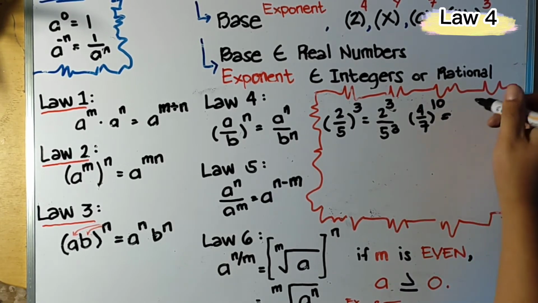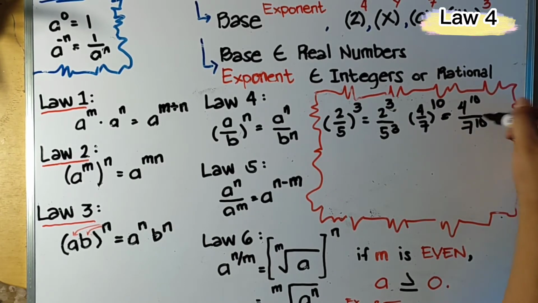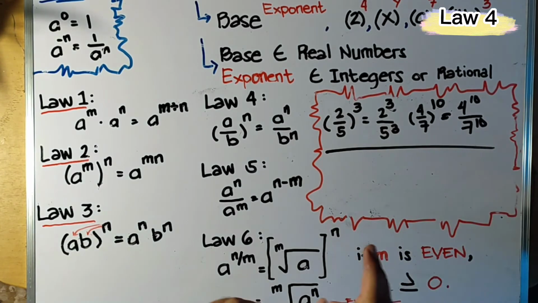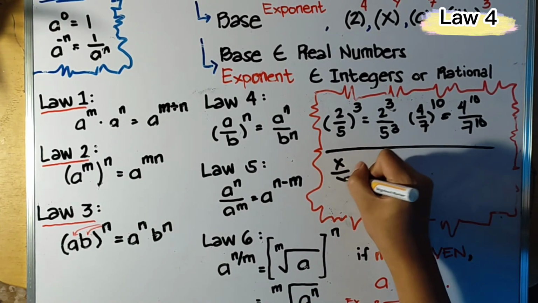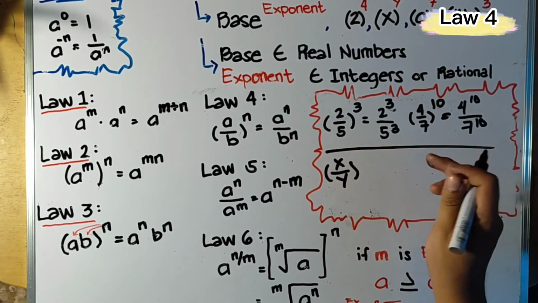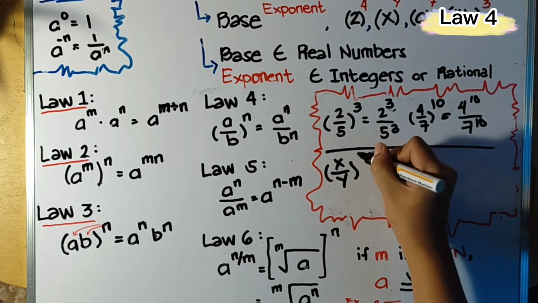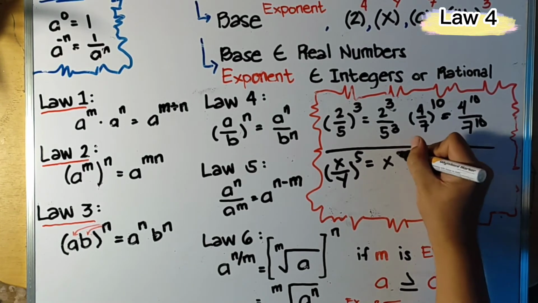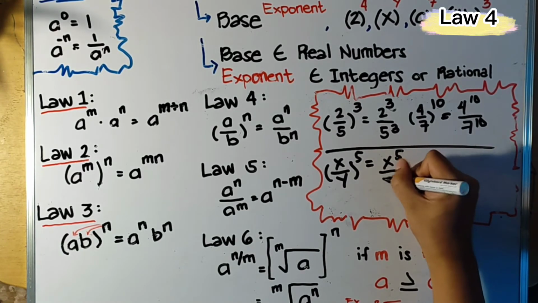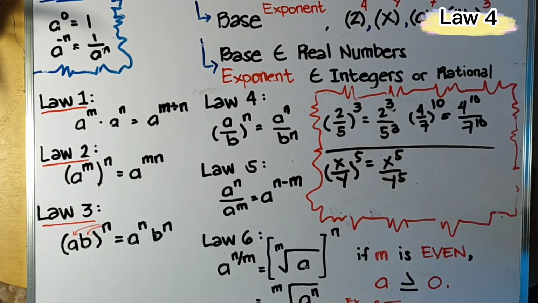Walang problema. 4 raised to 10, 7 raised to 10. How about the indeterminates? Say for example, x over y. Okay, how about that? Raised to 5. It will become x fifth over y fifth.